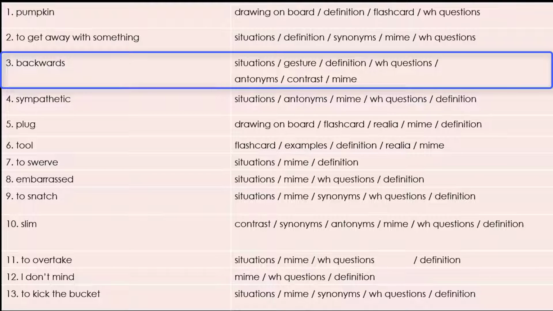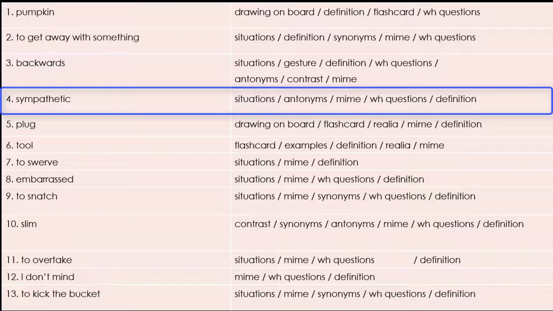I know that sounds really strange, but it would be hard to give a definition of backwards without forwards. So you could ask WH questions like, when does a car move backwards? Answer being when it's parking. What's an antonym? Of course, it's forward, and then you can do all sorts of contrasts by moving backwards and forwards in the classroom, and then, of course, adding mime.